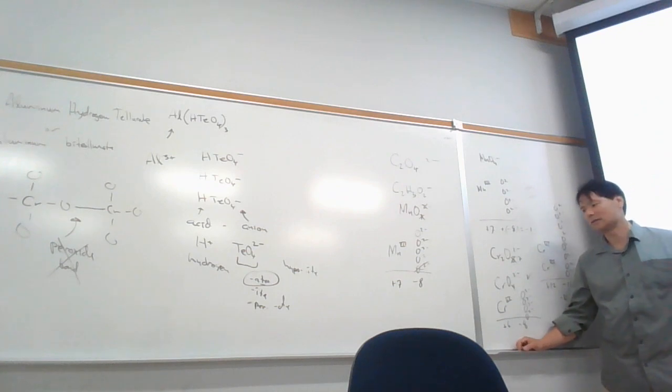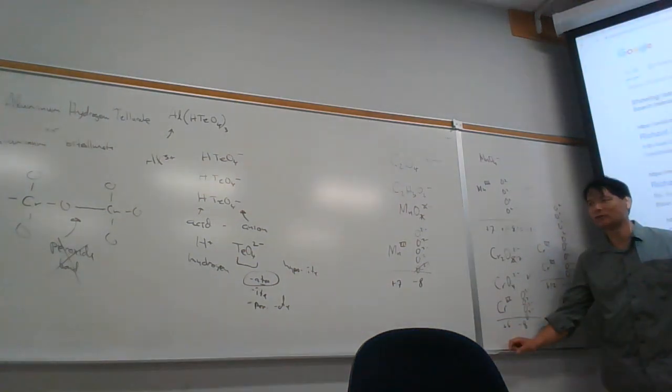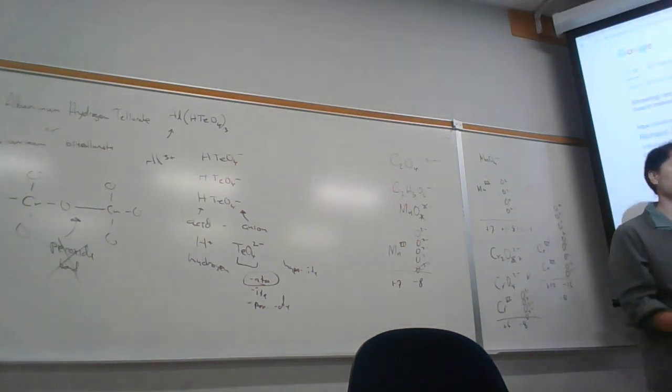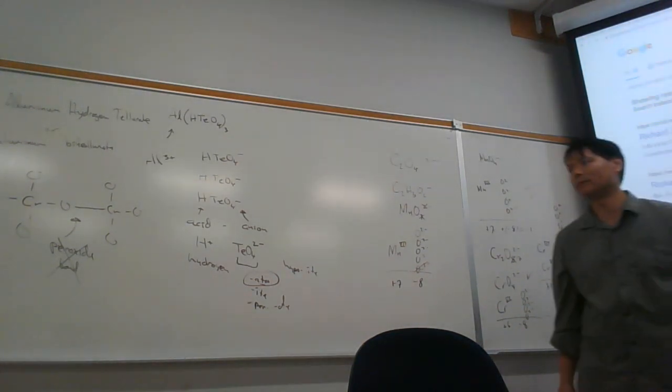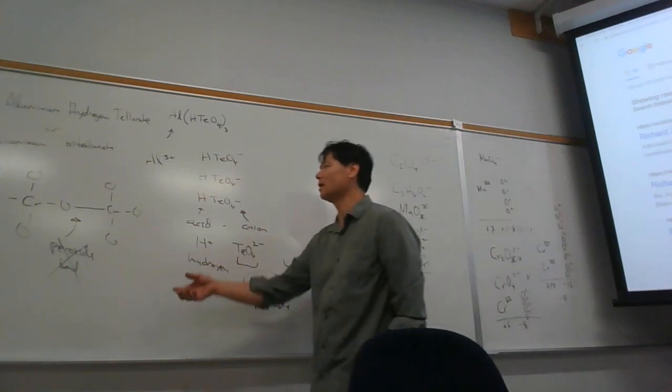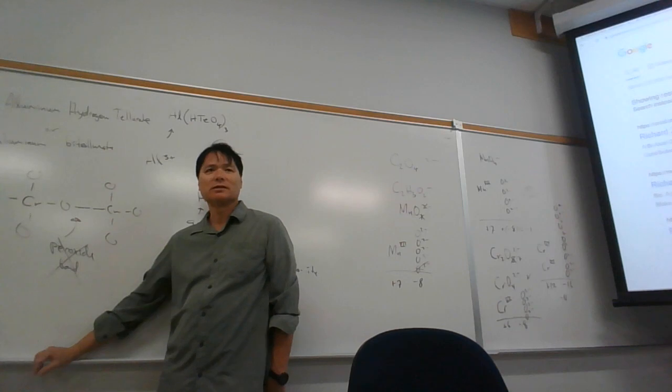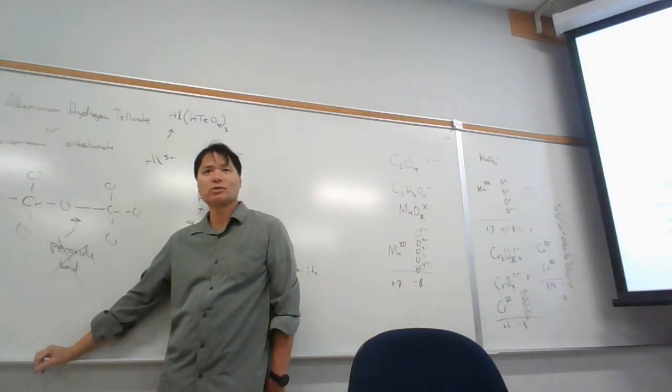Di usually refers to 2, like mono, di, tri. So dichromate, we expect 2 chromates to be linked together, but we end up losing one of the oxygens. So rather than Cr2O8, which would be 2 chromates, it's Cr2O7.